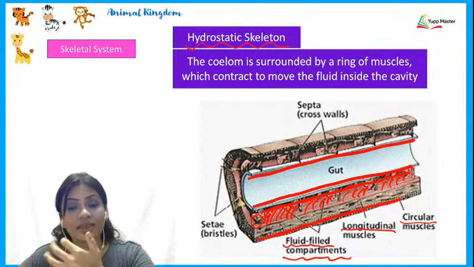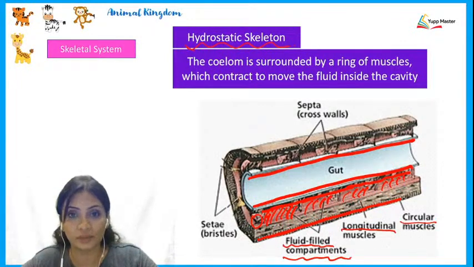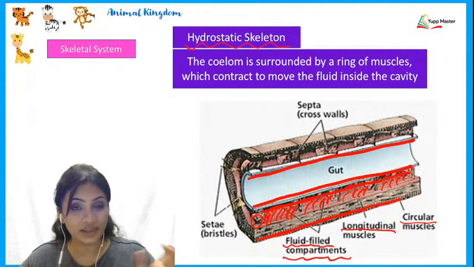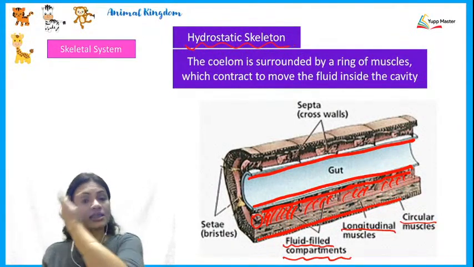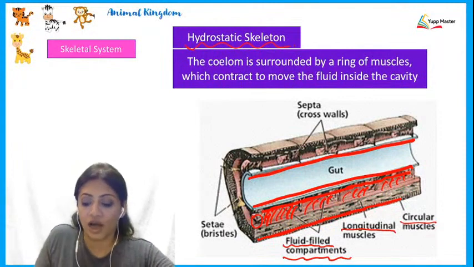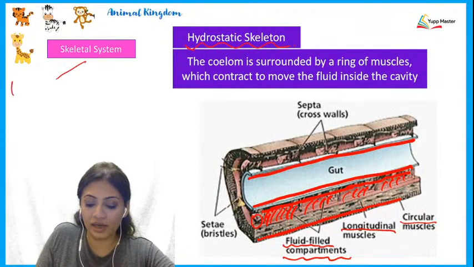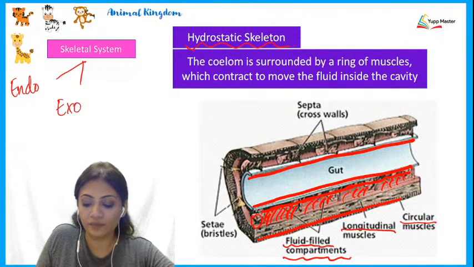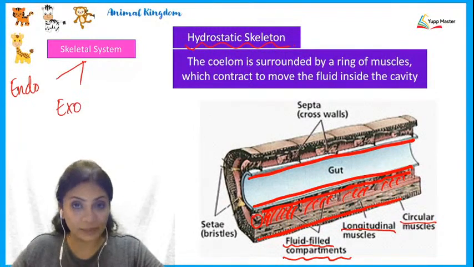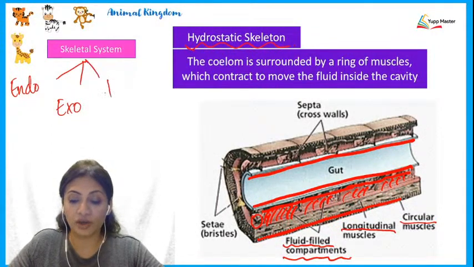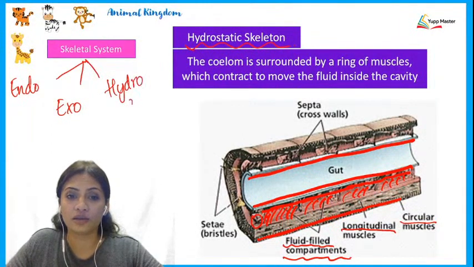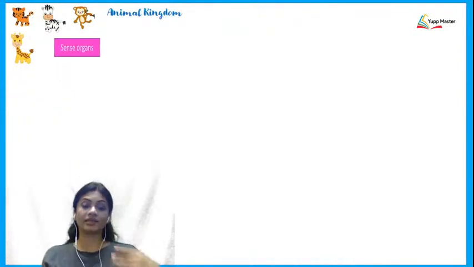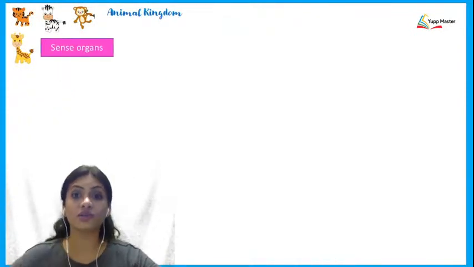It is a skeleton which moves inside the body with the help of the muscles in order to provide support. Generally we have heard of a skeletal system which is either an endoskeleton or an exoskeleton. Now we come across a new type of skeletal system, called a hydrostatic skeleton.